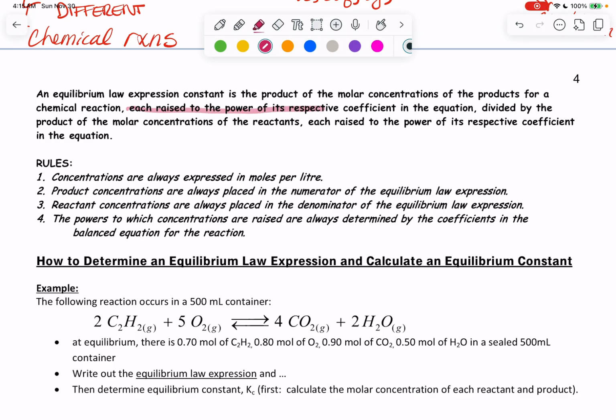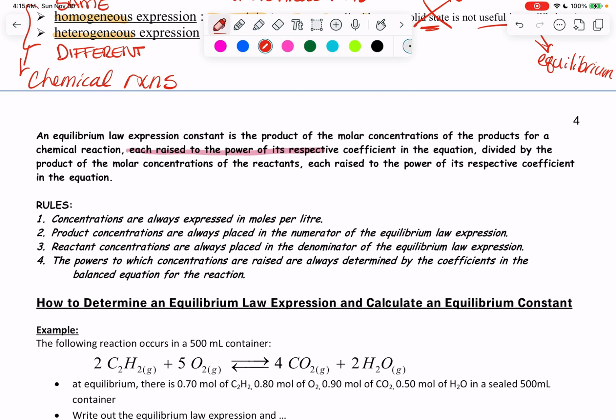So if there's a 2 in front of the compound, i.e. 2 NaCl, the concentration would be raised to the power of 2. Divided by the concentrations of the reactants, each raised to the power of its coefficient in the equation.